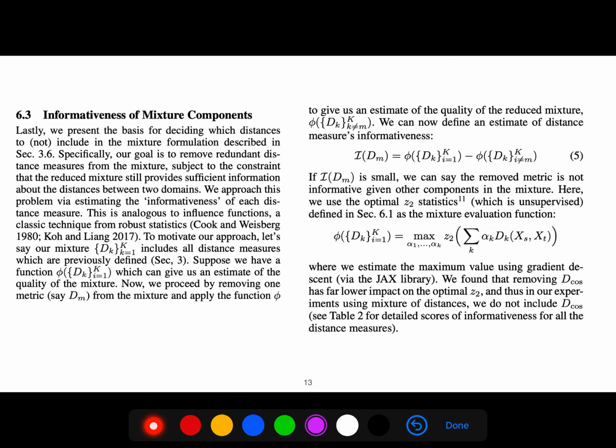We can now define an estimate of a distance measure's informativeness. So if this I is small, we can say the removed metric is not informative given the other components in the mixture. Here we use the optimal z sub 2 statistic. So we estimate the maximum value using gradient descent.